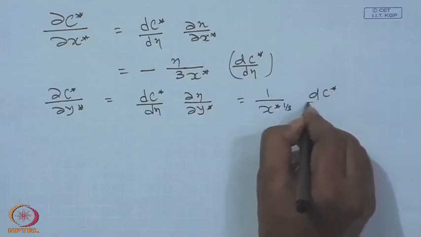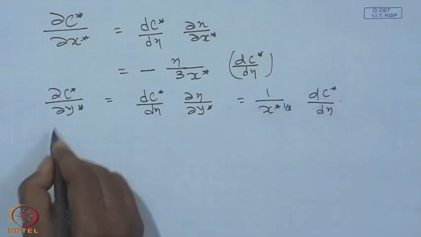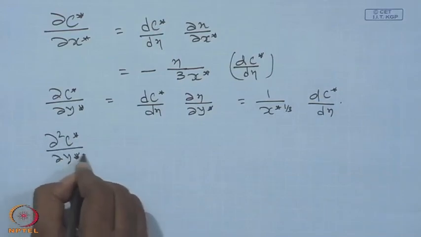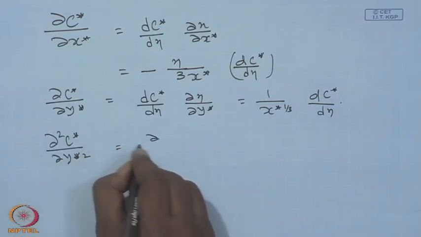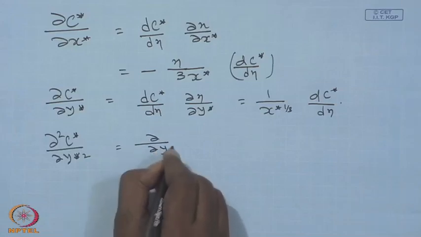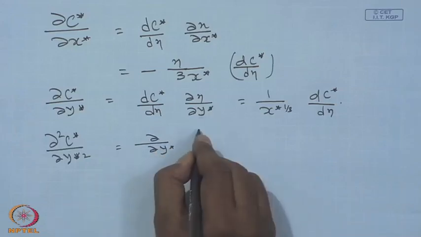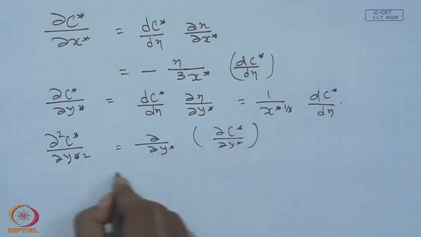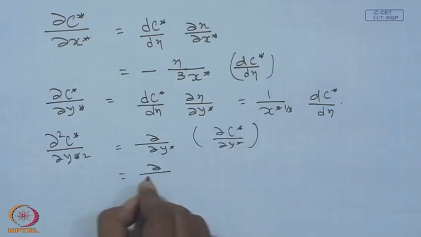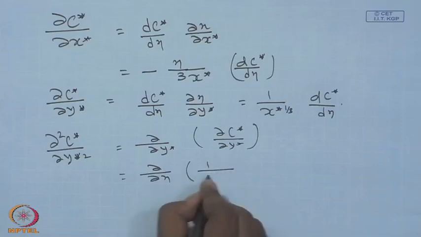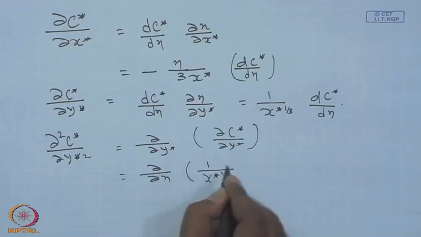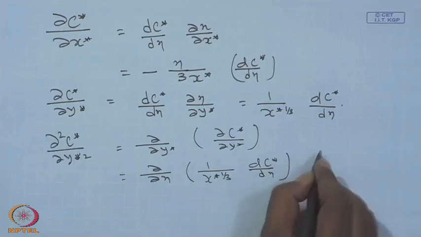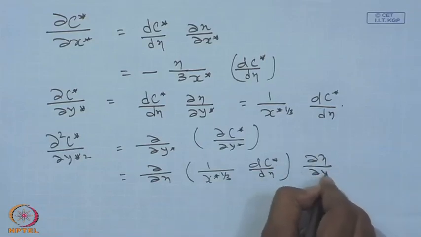This is d c star d eta, and del square c star del y star square becomes del y star of del c star del y star, and this becomes del eta, 1 over x star to the power 1 upon 3, d c star d eta, del eta del y star.